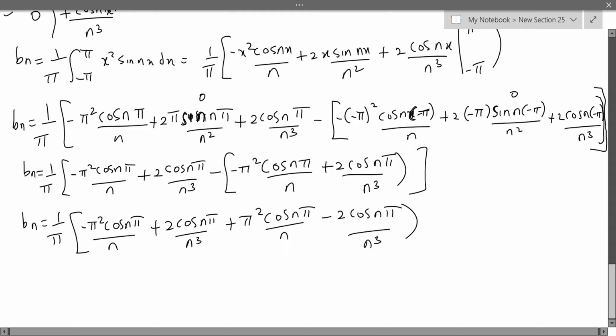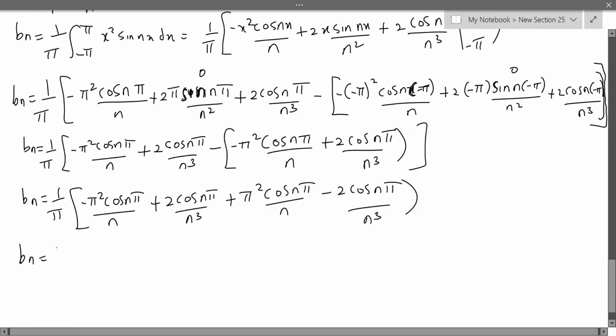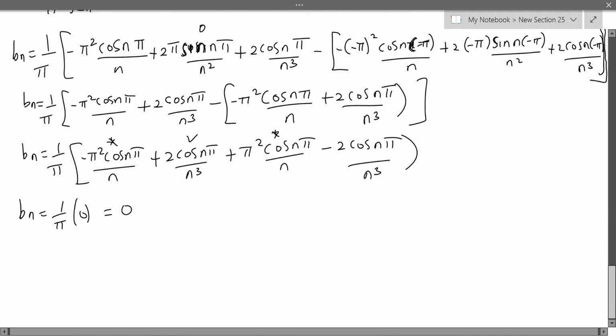So that is it. Now, looking at the bracket closely, you see that this term and this term are the same. The only difference is the sign. This is negative, this is positive. They will cancel themselves. The other one too, this is plus, this is minus. They are also the same. They will cancel. So at the end of the day, you get 1 over pi times 0, which is 0. So bn becomes 0 like that.